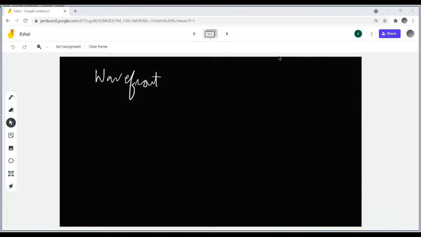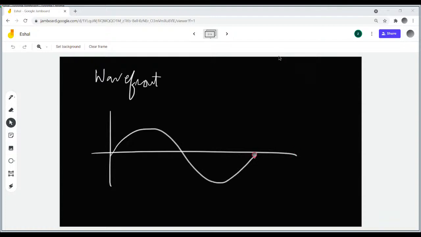Wavefront is a point on which we take a particular point of phase. So for example, if we are talking about crests, if we have got, let's say a complete wave, and out of that complete wave we just pick up one point, that would be our wavefront.